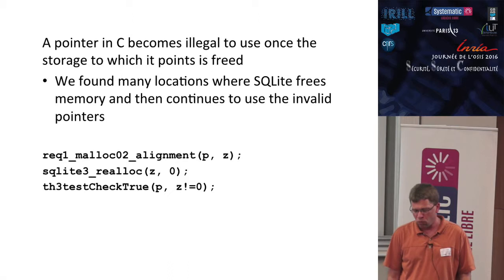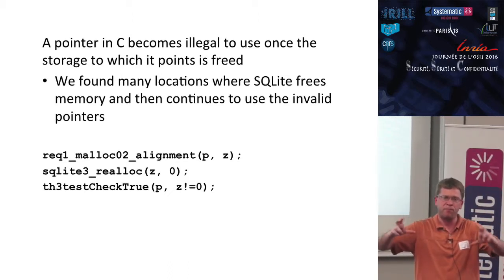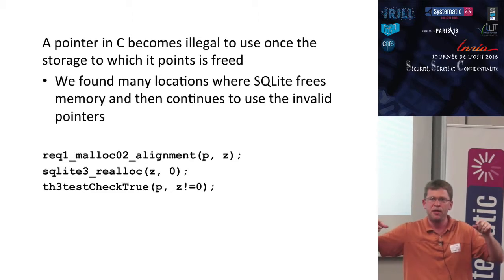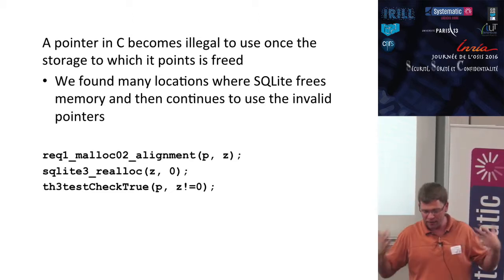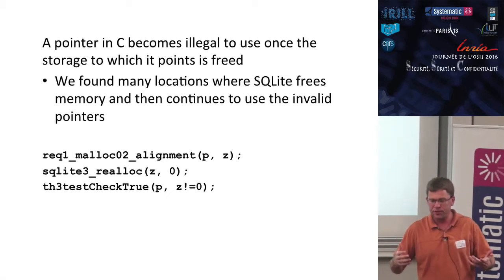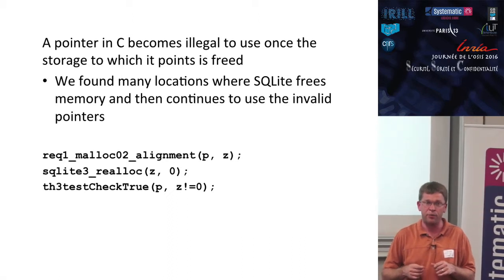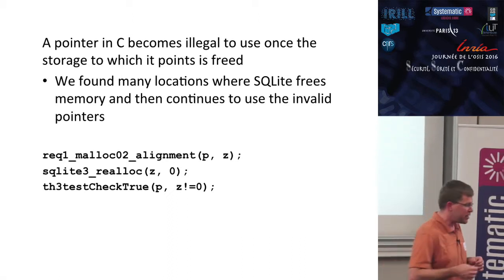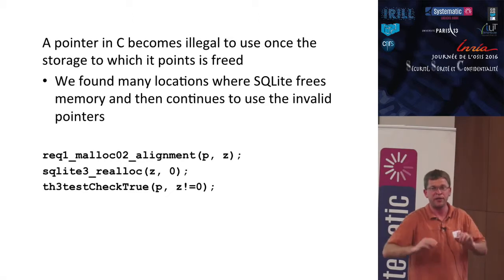One thing C programmers really want to do is treat a pointer as a value, a sequence of bits that doesn't change regardless of what happens to the memory being pointed to. That view is nice, and it would work in a language that was designed with common sense, but it doesn't work in C. In C, as soon as you free something, the pointer itself becomes indeterminate and illegal to use.